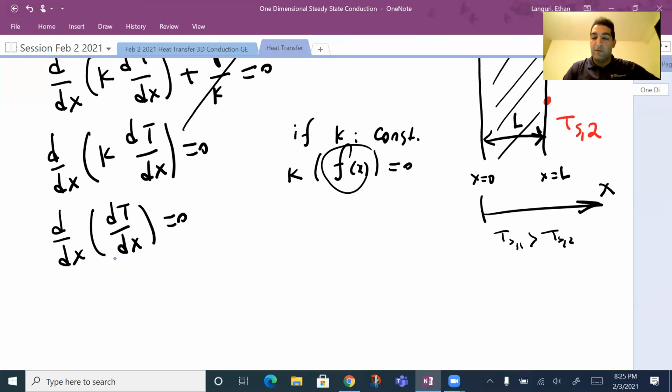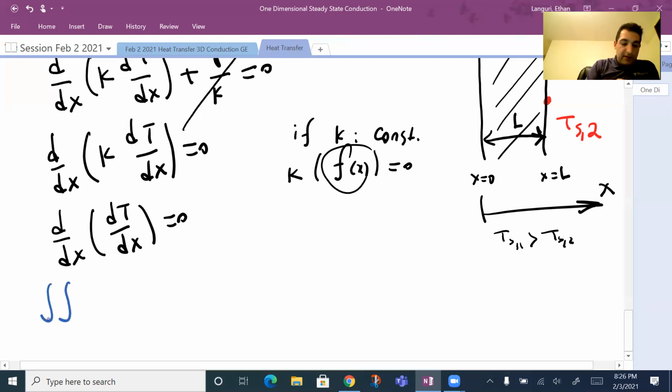And of course, we end up with a few unknowns that we plan to find using boundary conditions, and at the end to find the temperature T as a function of x, so we know the temperature inside the plane wall at any location. Again, I need to do two integrals. So to solve this, double integral of d over dx of dT over dx equal to 0.